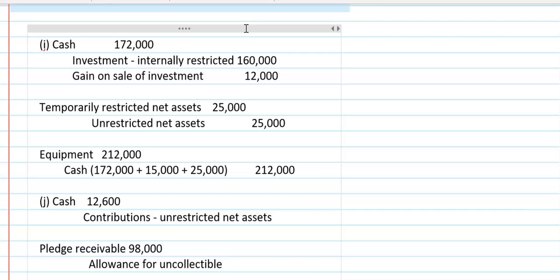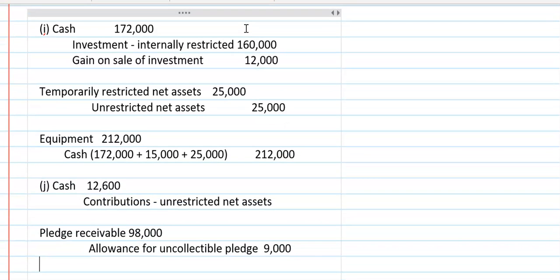Actually, I will just write it down, allowance for uncollectible pledge. So it will make it more precise. And this amount is $9,000. That means right now our pledge receivable is 98,000, but we couldn't collect 9,000. So the rest, 89,000, we will collect it.